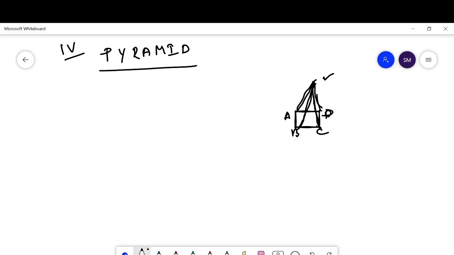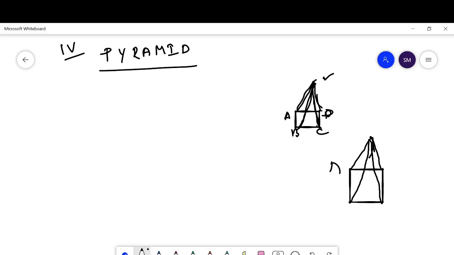This is called a square base pyramid. Just imagine a three-dimensional figure. All these vertices are joined to a single vertex. Okay. This is called a square base pyramid.